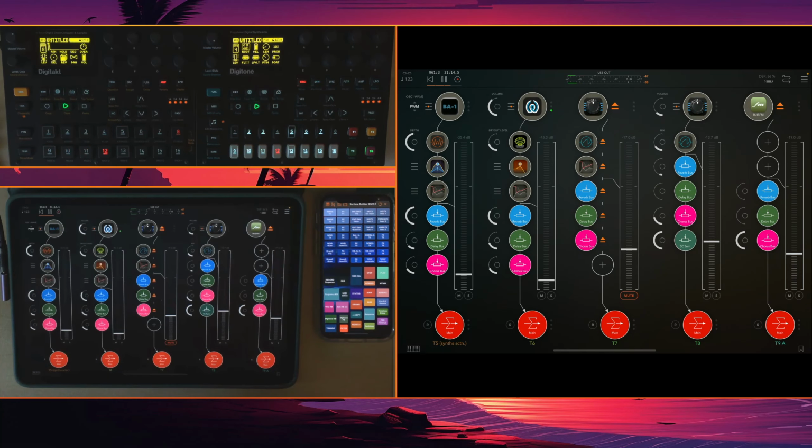The iPad also opens up the door to really break away from traditional piano keyboard style control surfaces. For example, it's very easy on the iPad to replace a conventional surface with an isomorphic virtual MIDI controller.